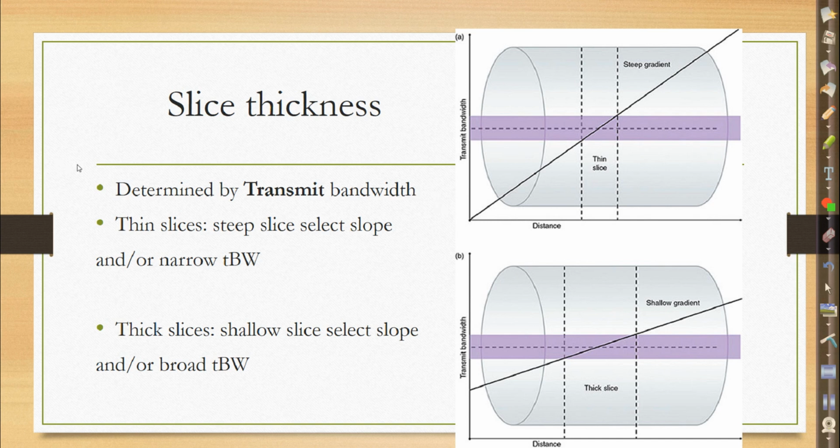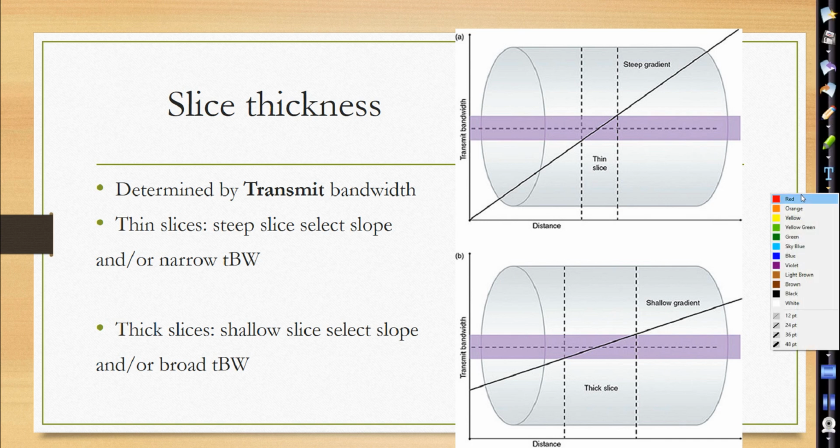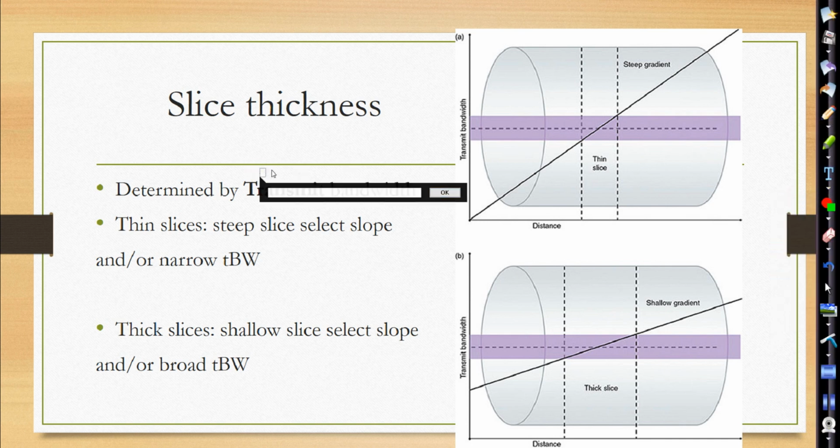So what determines our slice thickness is what we call our transmit bandwidth. Our transmit bandwidth is that range of frequencies that we excite. So write that down: range of frequencies. Because remember, I told you in the past that we were concerned with applying an RF pulse exactly at the precessional frequency.